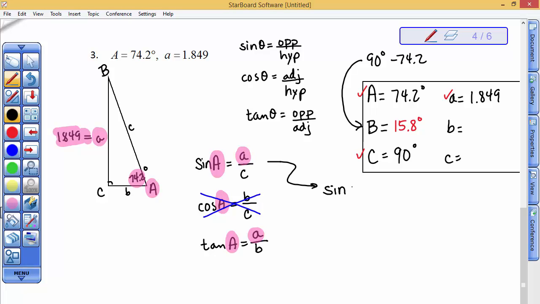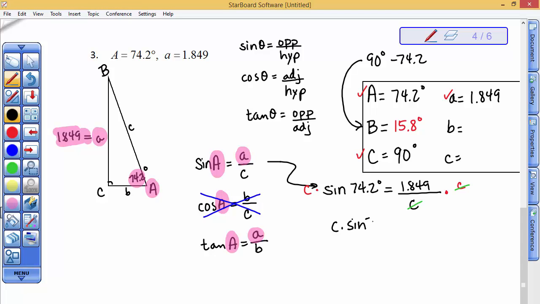I'm going to take this over here, and I'm going to put in the numbers. And I'm going to say that the sine of angle A, so put in the number for angle A, equals side A divided by side C. Most people would solve this algebraically by noticing that C is downstairs, and they would multiply both sides by C to get it upstairs, and the C's cancel over here.